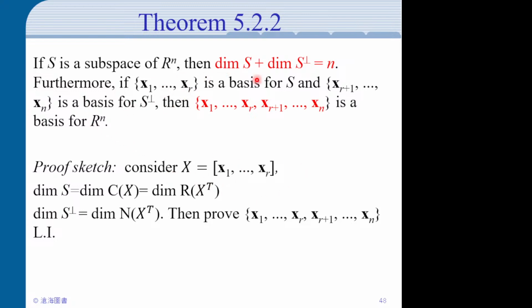You find a basis of your space S first, list the basis vectors together, and call that matrix X. Then what's S? S will be the column space of X, because by definition S is all the linear combinations of the basis elements, and the column space is the linear combinations of all the column vectors here. So S is just the column space of this matrix X.